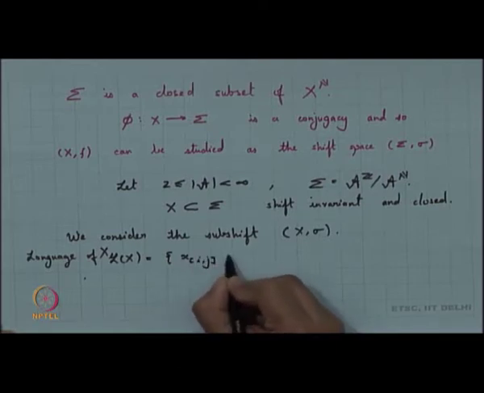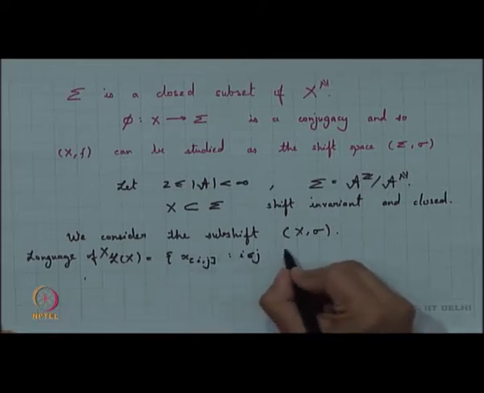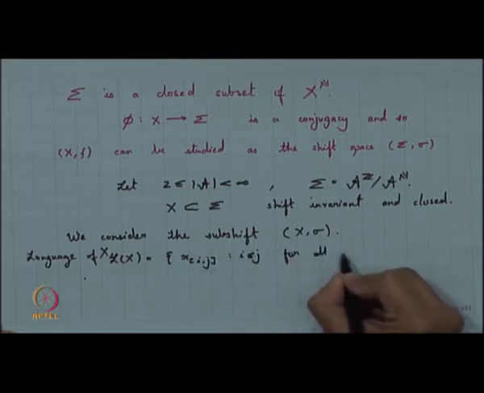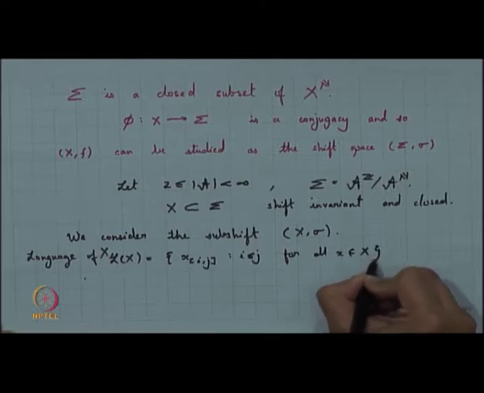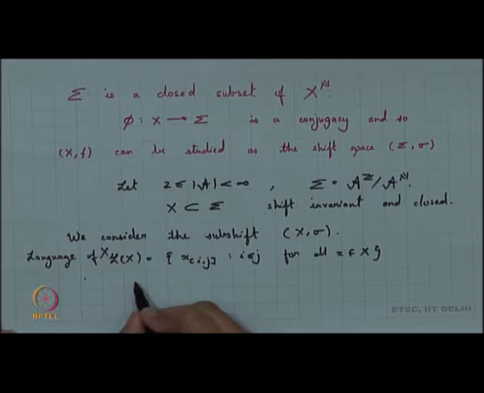So, I am looking into all blocks x_i to x_j such that i is less than or equal to j, for all x in x. So, we are looking into these distinct blocks here. So, this is our Lx, and this is basically all permissible blocks.